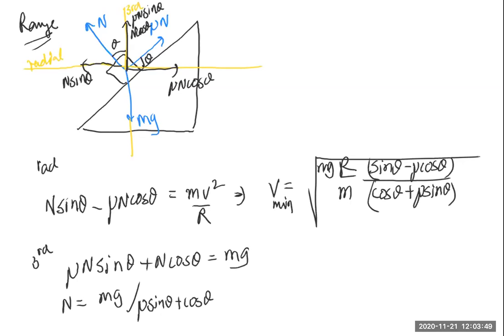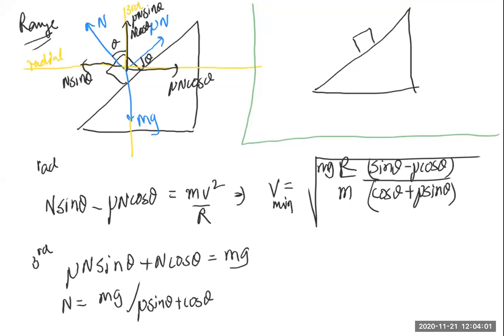What should I do for v maximum? क्या करना चाहिए v maximum के लिए? इसको मैं यहाँ पे बना दे रहा हूँ. तो यहाँ पे आएगा N और mg और यहाँ पे आएगा, हाँ बस फ्रिक्शन का डायरेक्शन रिवर्स करना, बाकी सब कुछ सेम है। ये रेडियल एक्सिस है, थर्ड एक्सिस, mg मैंने थोड़ा सा टेढ़ा बना दिया, which I should not.